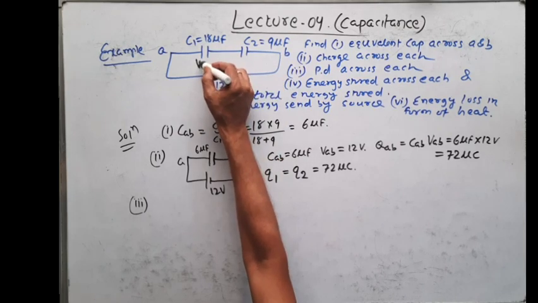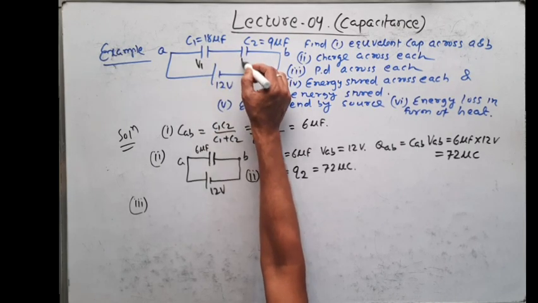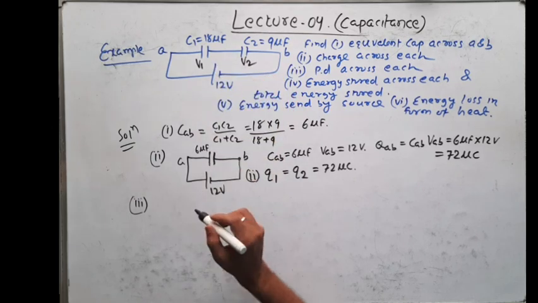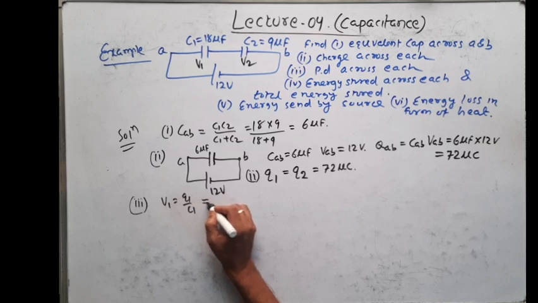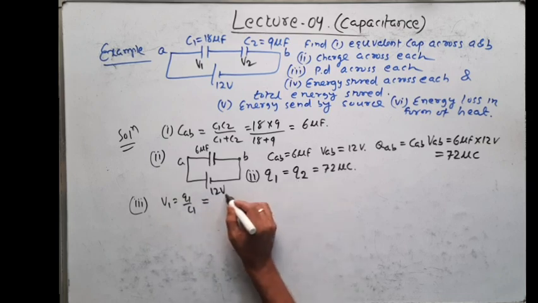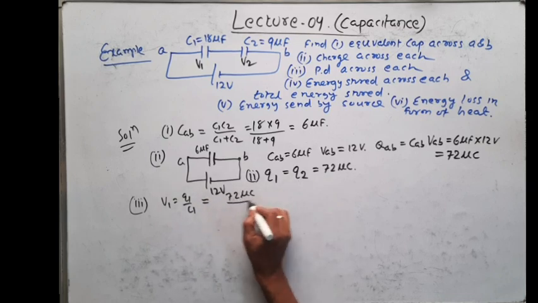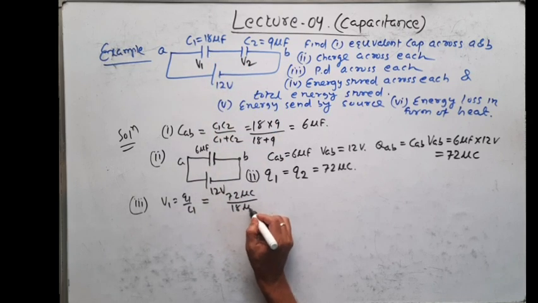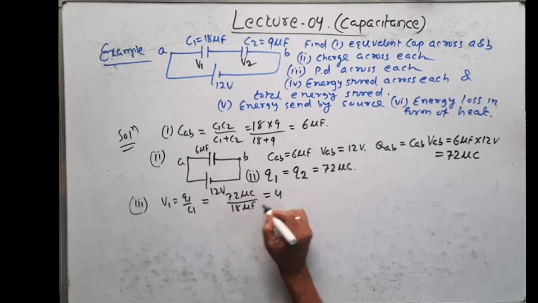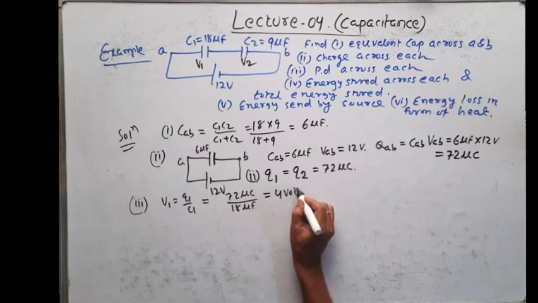Then what is the potential difference across the first capacitor, and what is the potential difference across the second? V1 is Q1 by C1. Q1 is 72 microcoulomb by C1, and C1 is 18 microfarad. Micro cancels, so it is 4 coulomb by farad, which is volt.